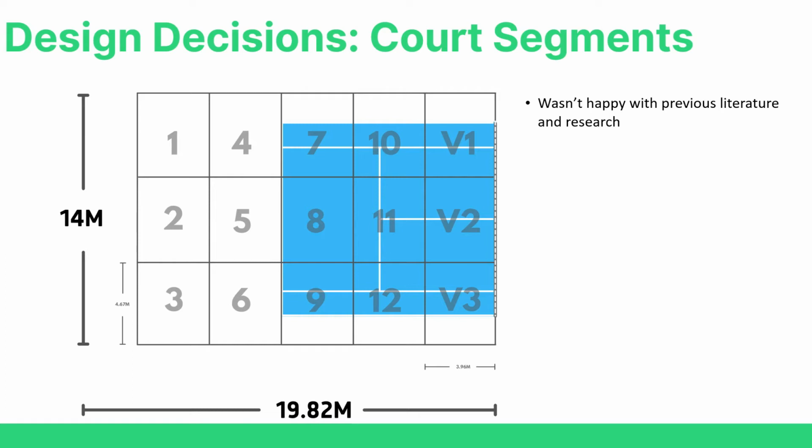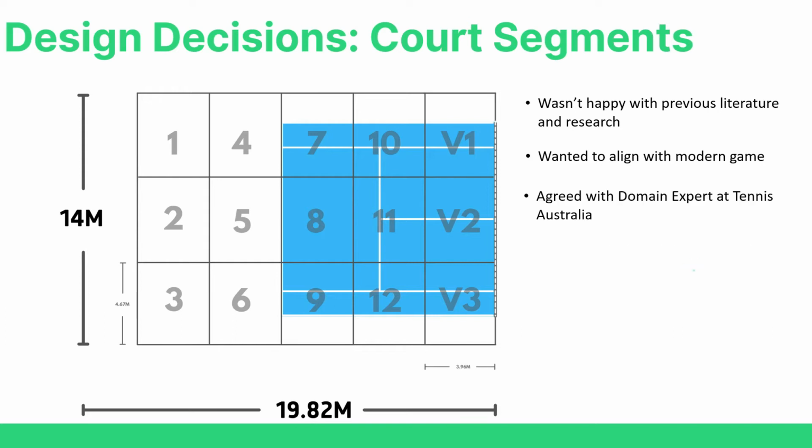In particular, it wasn't useful for me to use in this project to work out the different shot options from different parts of the court. So it was really important that I sat down with a lot of coaches and different domain experts to come up with a court tessellation or court segments that felt aligned with the modern game, and I felt would provide some good context to the results that I'm going to come up with.